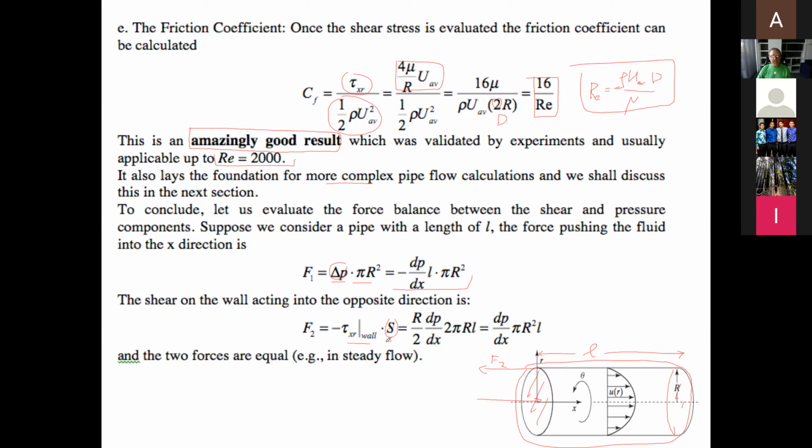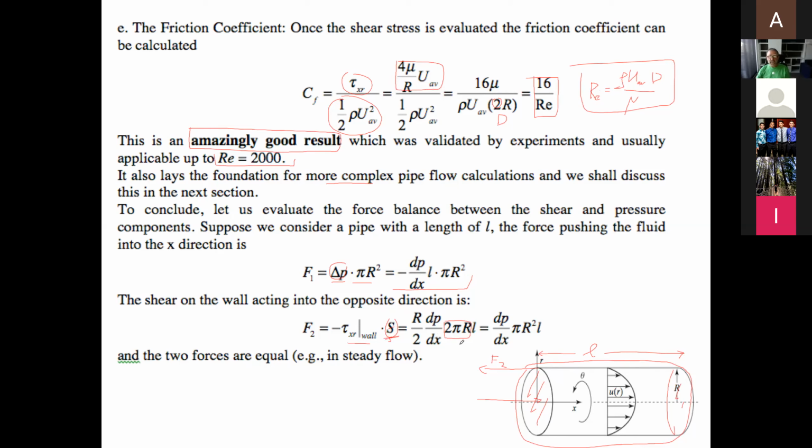Anyway, so that's the length. How much is the length? 2 pi r. That's the circle. Oh, no, you know what? No, it's fine. Apologies. This is correct. But then the S is the internal surface of the pipe. So here the S is slightly different.